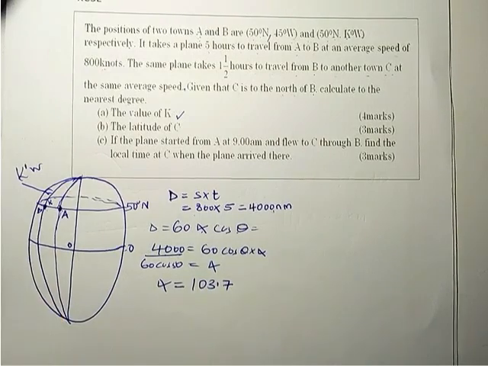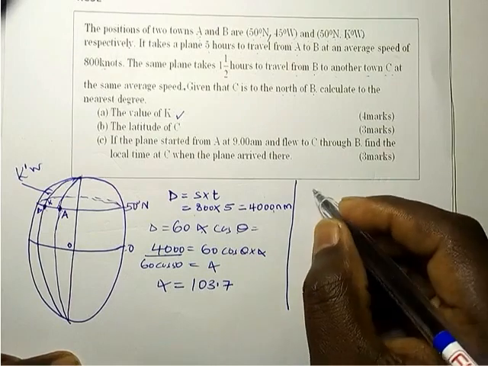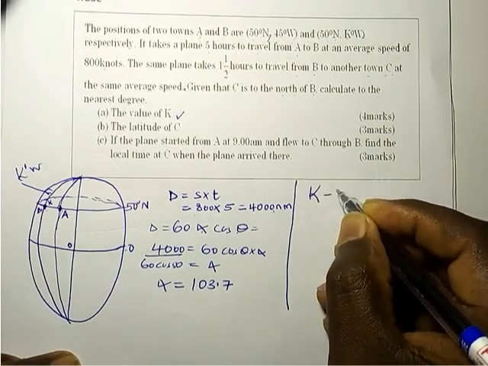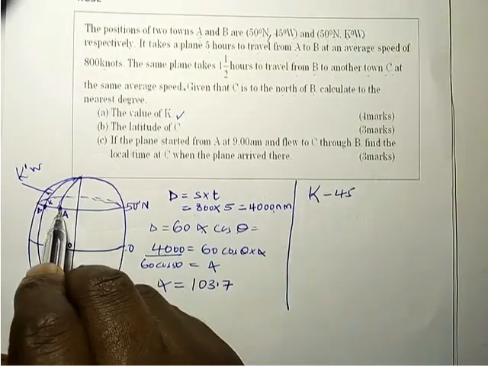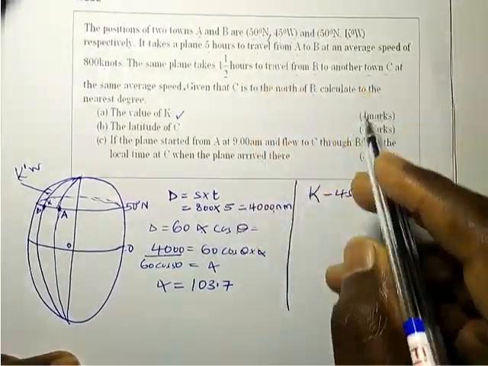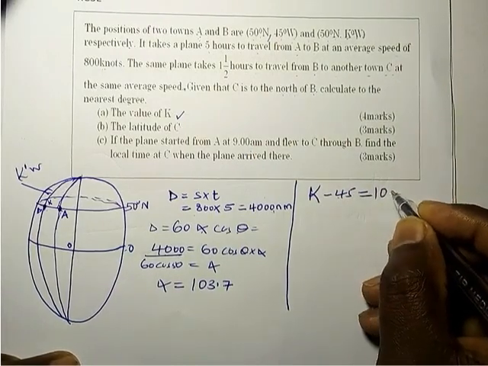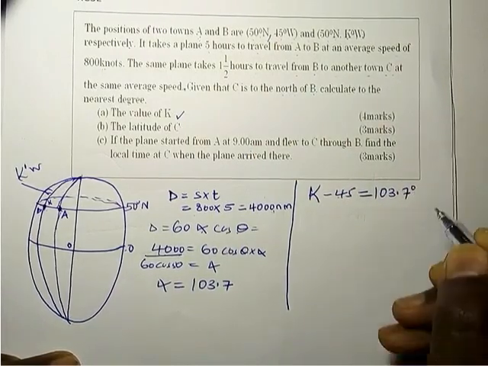Alpha is going to be 103.7. So how do we get K? K minus 45, because they are on the same side, west to west. The angle difference is K minus 45, and this will give us 103.7 degrees.